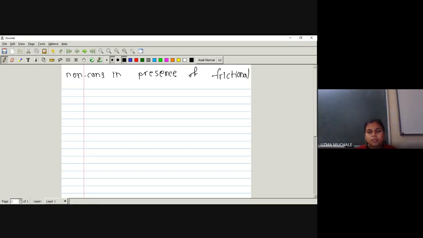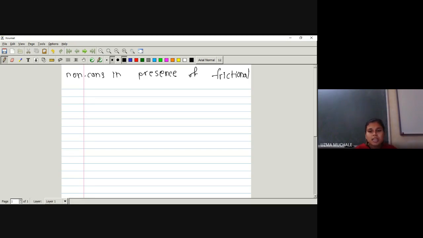Frictional force means what? Suppose you are traveling anywhere and due to some problem, like the road is very rough, or due to any type of frictional force. Suppose you are walking on a very plain surface. At that time, you need a very small amount of force to walk. And if it is somewhat uneven, like if you are traveling in some place where the road is very bad, at that time you need more force to drive as well as to walk.